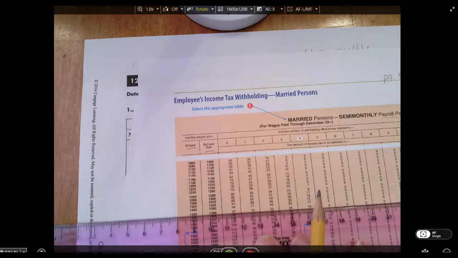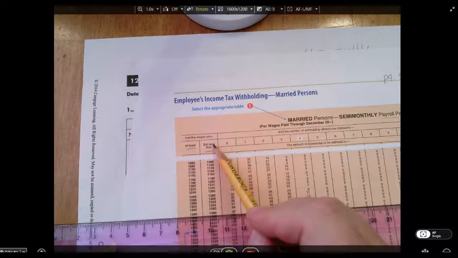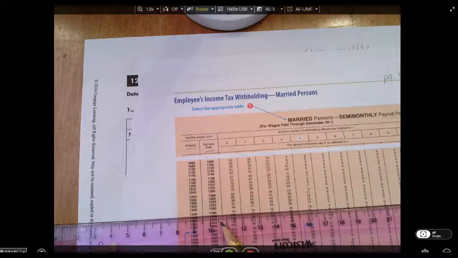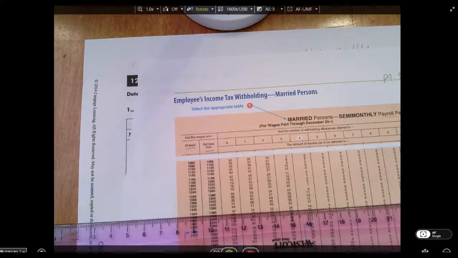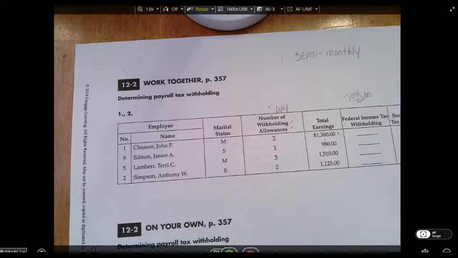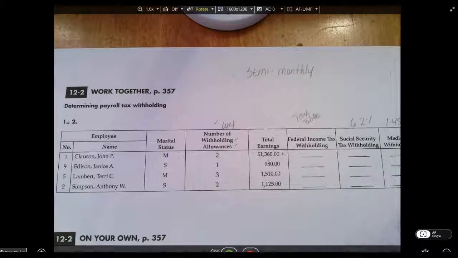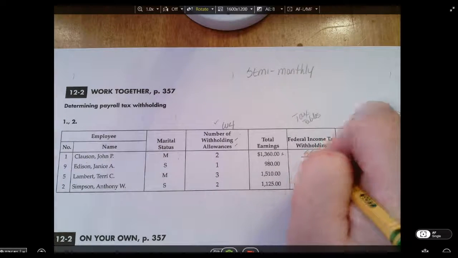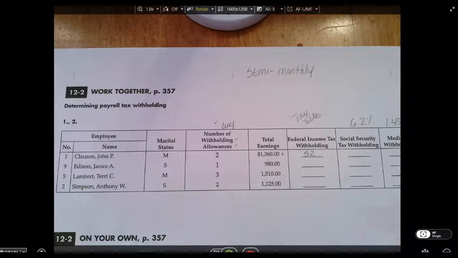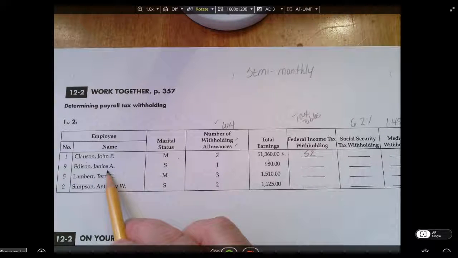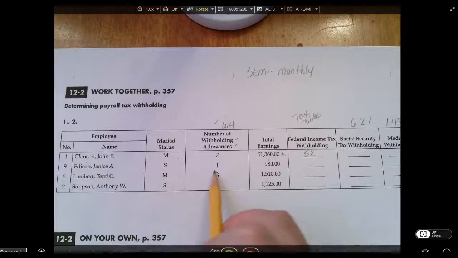He makes exactly $1,360, so this says at least $1,360, but less than $1,380. He had 2 exemptions, so his tax is how much? Exactly, $52. So his federal income tax is $52.